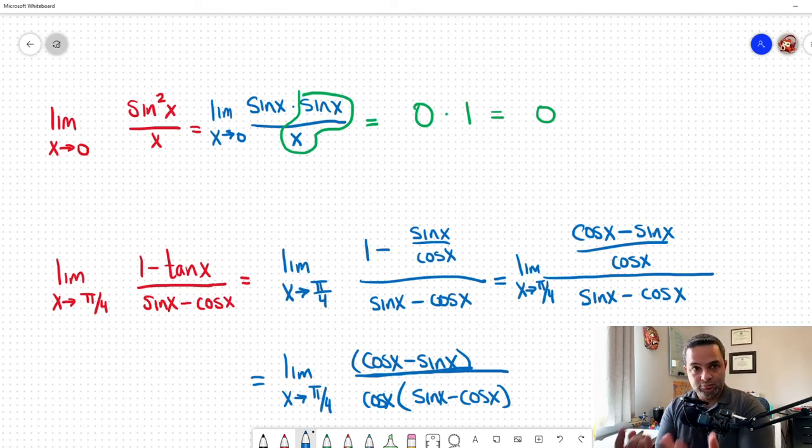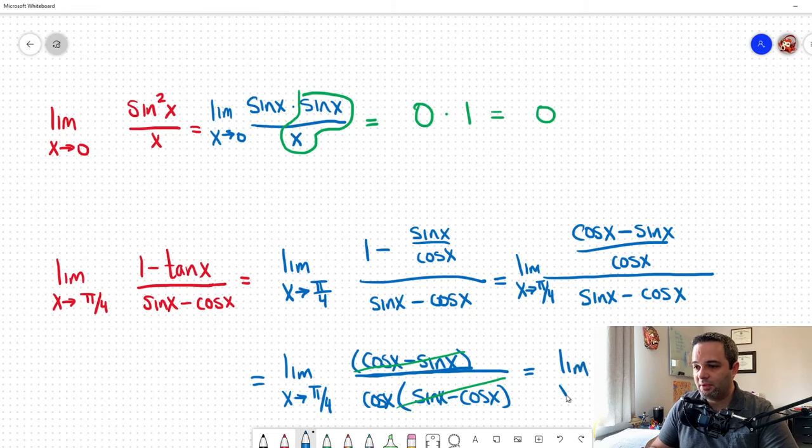Now we have a proper looking fraction. Can we now remove anything? Yes, we can remove these two since they are the same but their signs are different. When we remove those, it's not just going to disappear and turn into 1, it's going to turn into a negative 1.